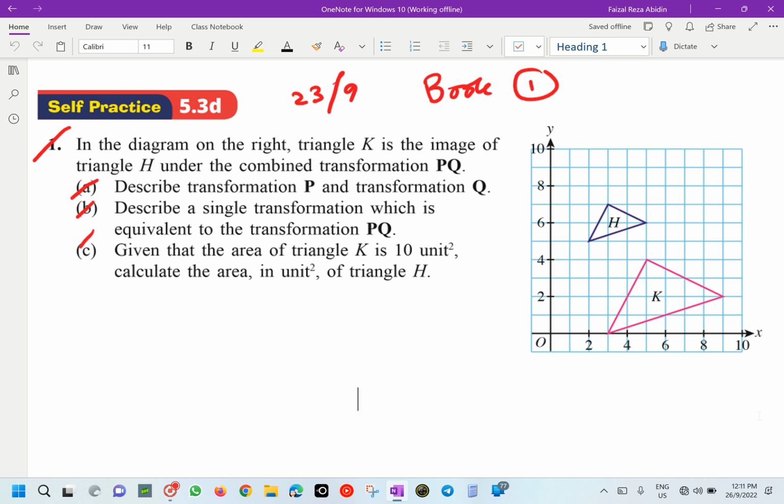Okay, if you look over here, it's going to involve enlargement, isn't it? Yes. But for B, describe a single transformation means that we are going to say enlargement straight away. But for the combined transformation, it is going to be what?